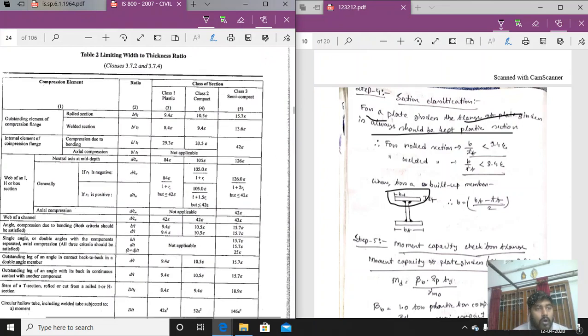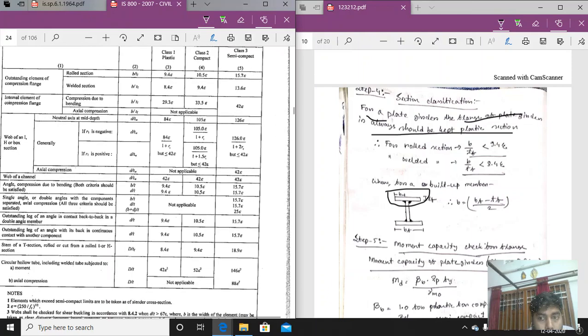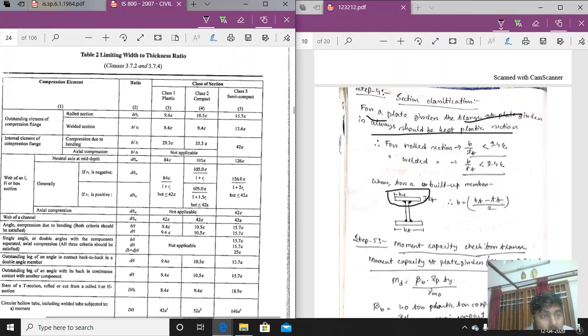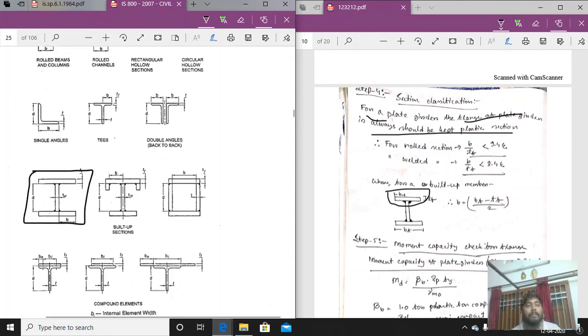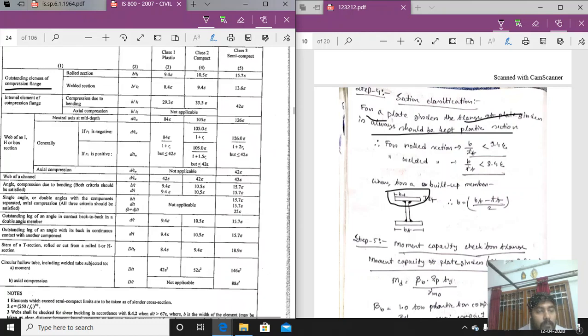As it is the outstand element, okay, so outstand element of a compression flange. Let us come to the next picture. For our case, this will be the member, because it is the built up member. So outstand element of a compression flange, if this is a rolled section, then it is 9.4 epsilon, given here also, and for a welded section it should be less than 8.4 epsilon.